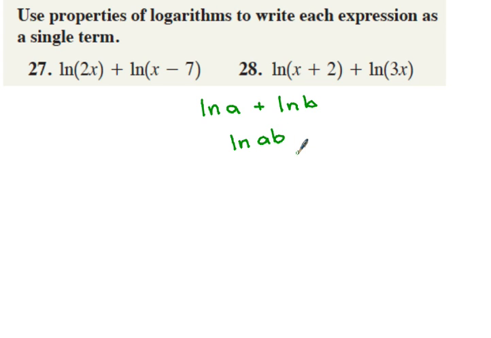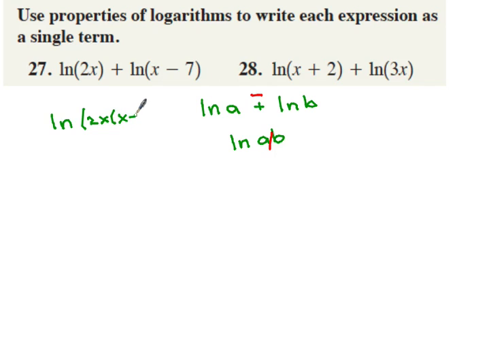So if we're going to add 2 logarithms together, you can actually combine that as one logarithm where you multiply their insides. And then if it's subtraction, then we would use division instead of multiplication.